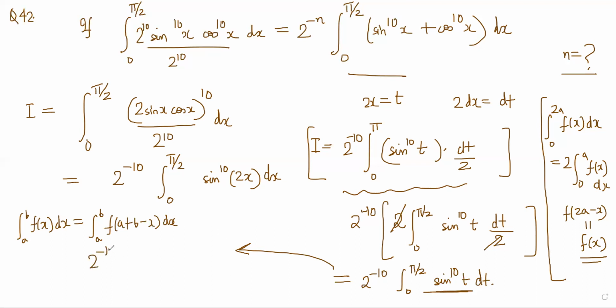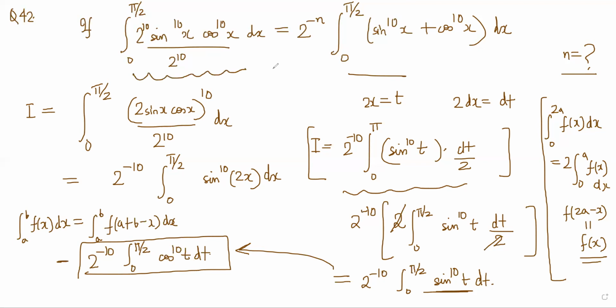So this will become 2 power minus 10, 0 to pi by 2 cos power 10 t dt, because I will apply sine of pi by 2 minus t is equal to cos t. So I have I is equal to this, and I is also equal to this, and I stands for this integral, right? So adding both of them, 2I will be equal to 2 power minus 10, this thing.